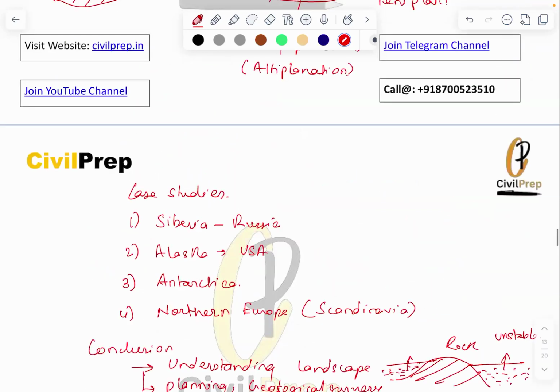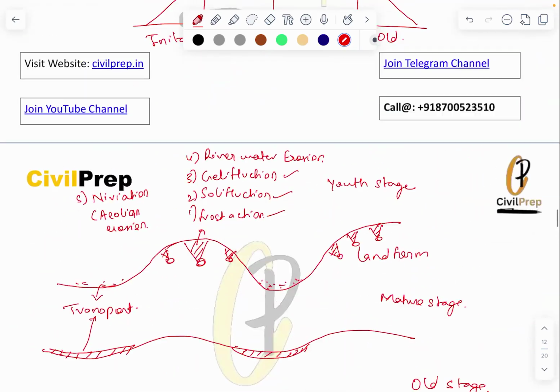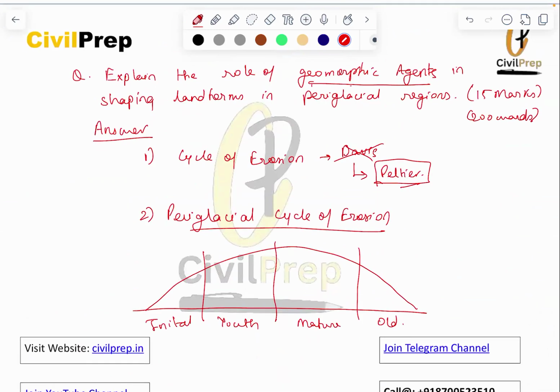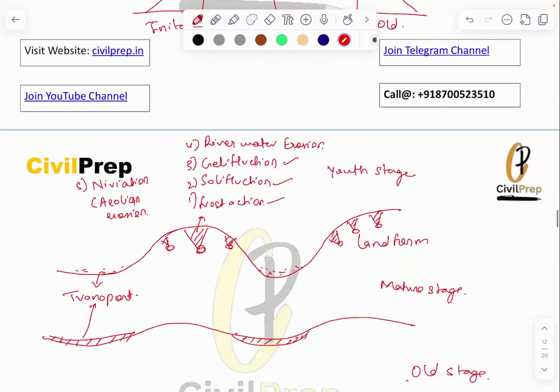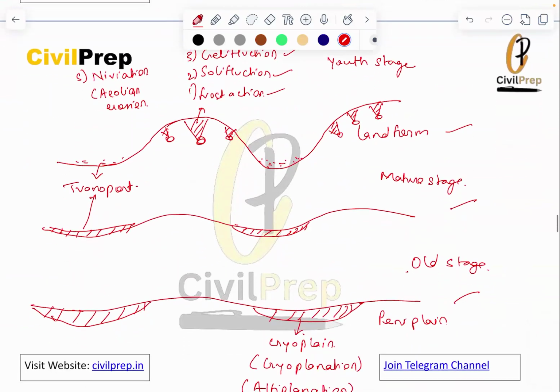This is the point which I want you to add in your answer, which is quite important, because we have talked about geomorphic agents shaping landforms, how the landforms are being shaped. We have talked about periglacial regions. We need to add this part. We need to have a perception with respect to Peltier's cycle of erosion, this diagram. Particularly this diagram needs to be added here for explaining the process.